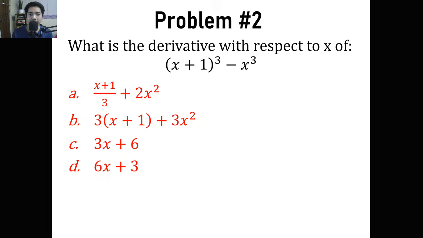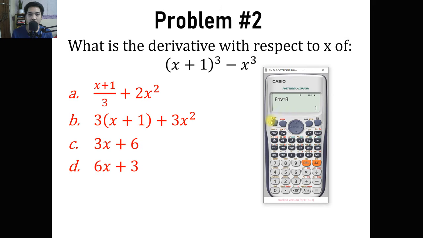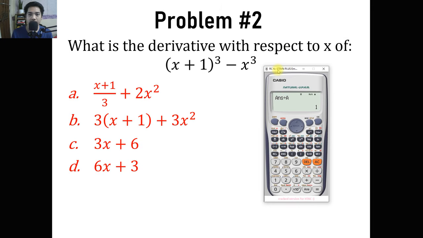It's pretty easy, right? So number 2: what is the derivative with respect to x of the quantity x plus 3, x plus 1 raised to 3 minus x cubed? Again, performing the same thing, we are going to input that. Be careful with the parentheses.